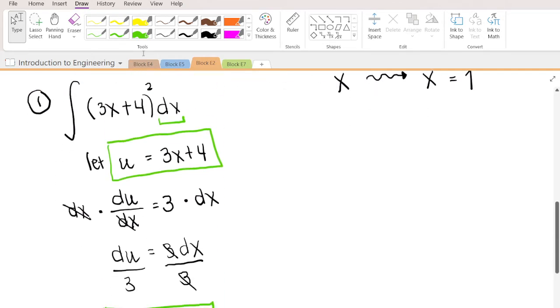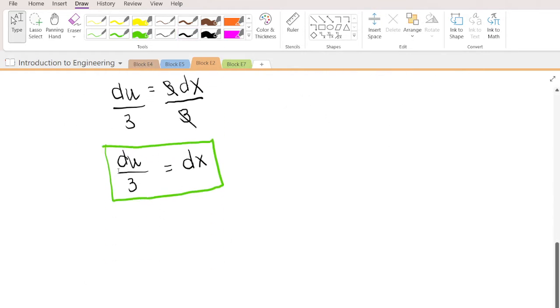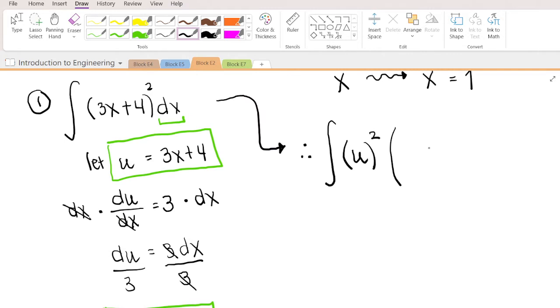Okay, so once I have that, I can substitute. I'll just place that here to conserve space. Therefore, you have the integral of 3x plus 4, you change it with u to the power of 2, and then your dx means du over 3. So that is du over 3.